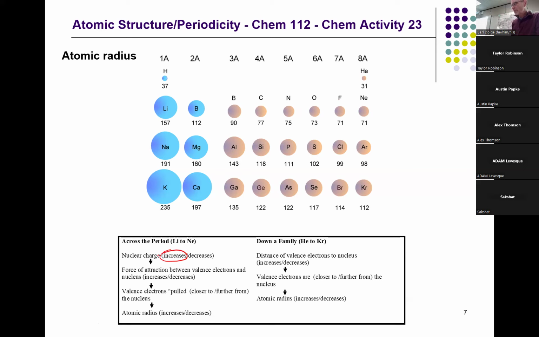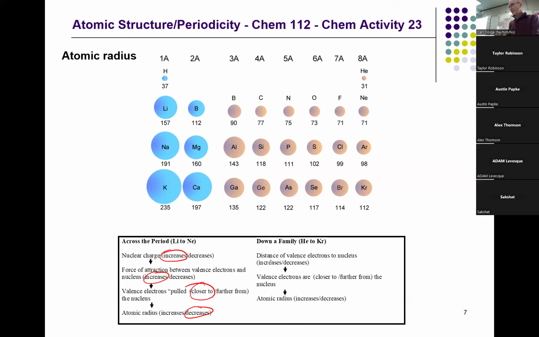So that would be a statement. And then you could say, and therefore, the force of attraction between the valence electrons and the nucleus also increases. And then you add another sentence: this results in the valence electrons being pulled closer to the nucleus, and therefore the atomic radius decreases. So that would be a nice little explanation for what's happening.